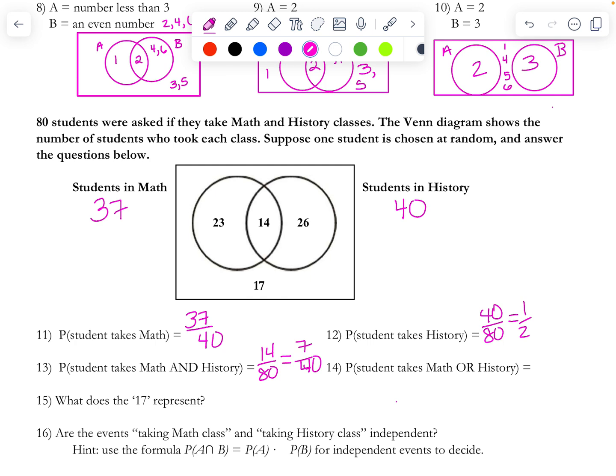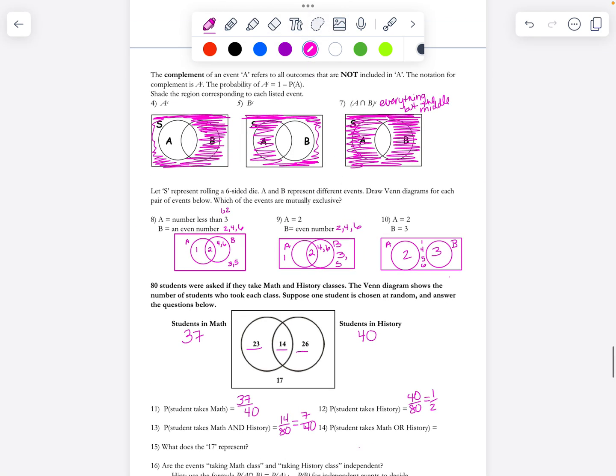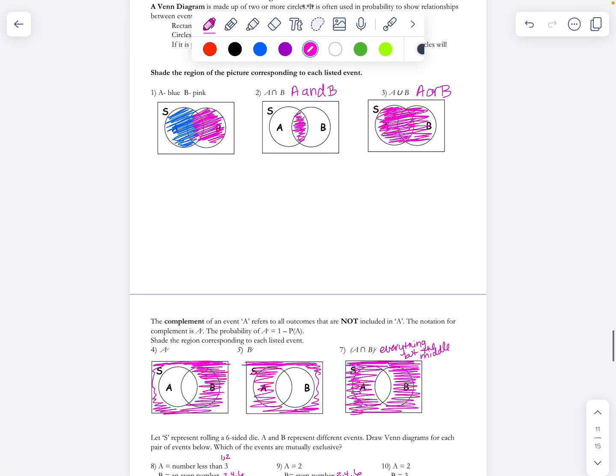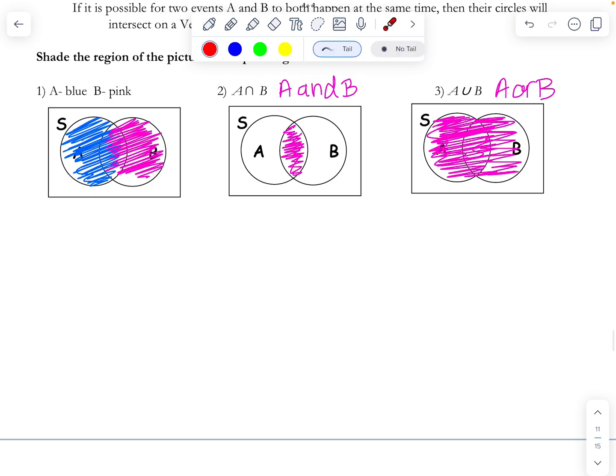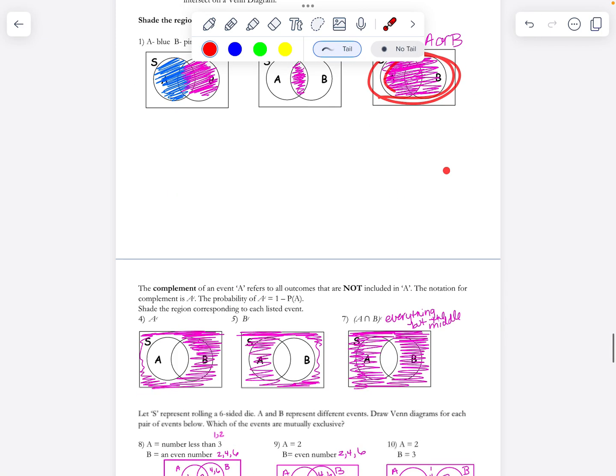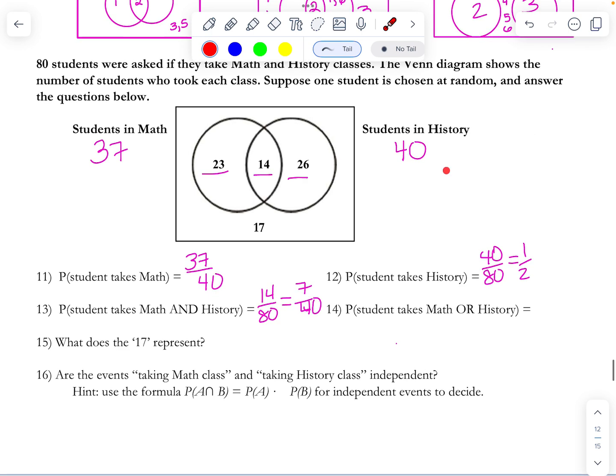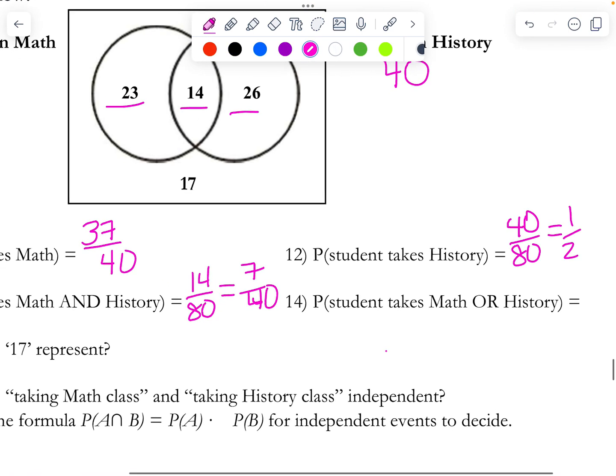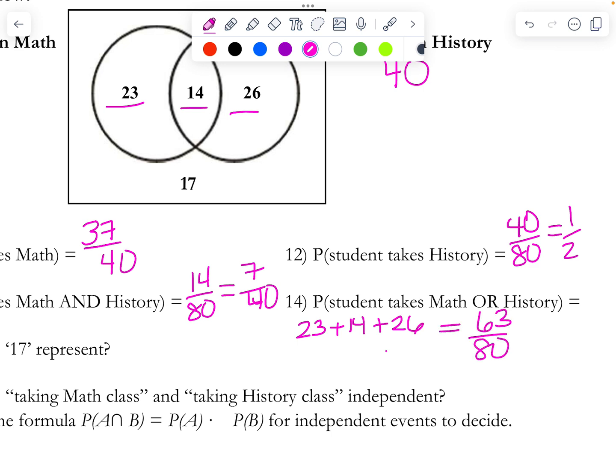So just like I colored in before, math or history, I add in everyone. So I'm going to add 23 plus 14 plus 26. So this is going to be 63 out of 80.